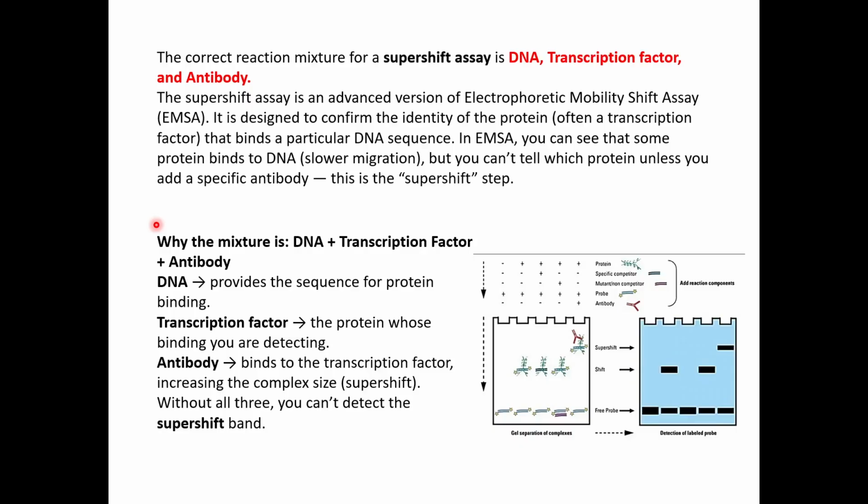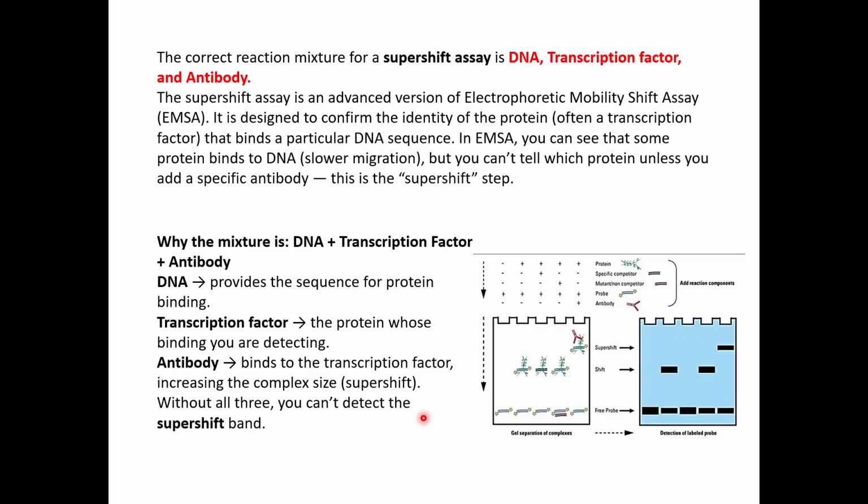So why is the mixture DNA plus transcription factor plus antibody? DNA provides the sequence for protein binding, the transcription factor is the protein whose binding you are trying to detect, and the antibody binds to the transcription factor, increasing the complex size, leading to the supershift. Without all three you can't detect the supershift band.